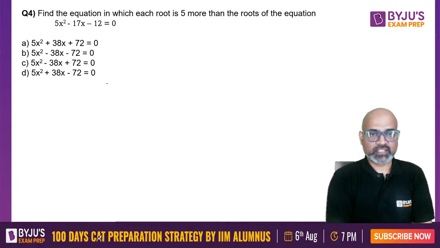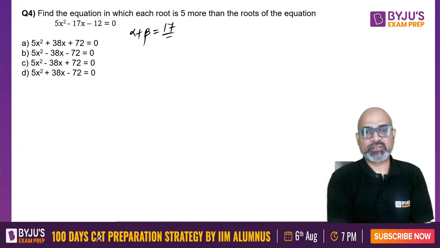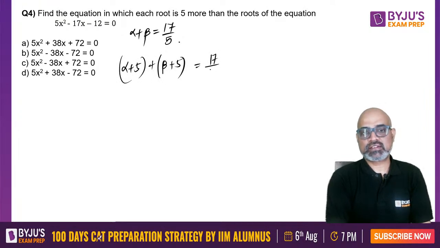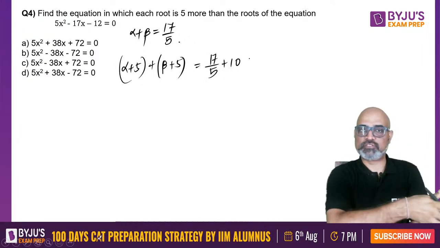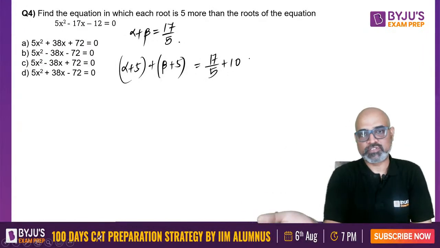Okay, let's do one thing. What is the sum of the roots here? 17 by 5, right? So if now the roots are 5 more, can I say we need to add 10 to it? Because if on the left hand side you have added 5, you are supposed to add 5 to the right hand side. So this is going to give you 67 by 5.